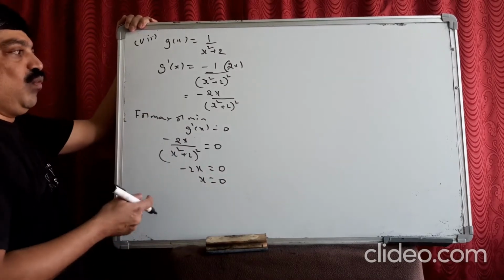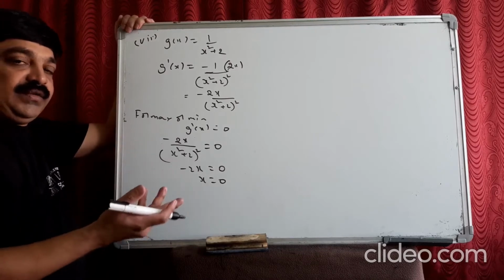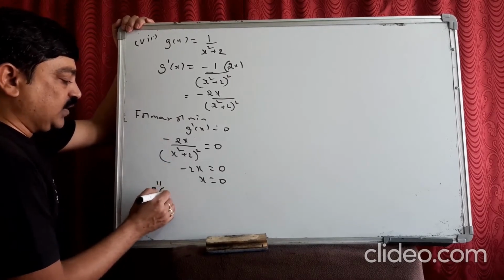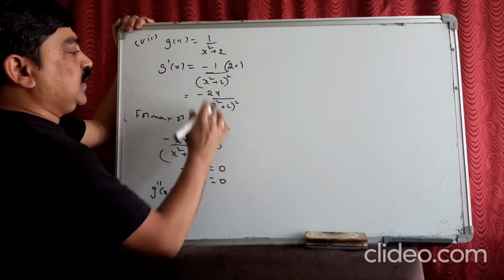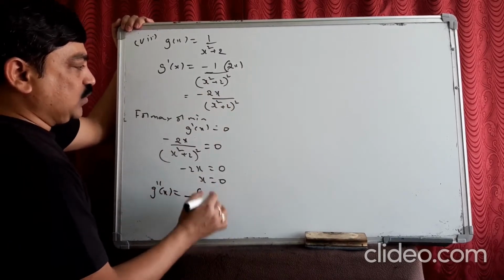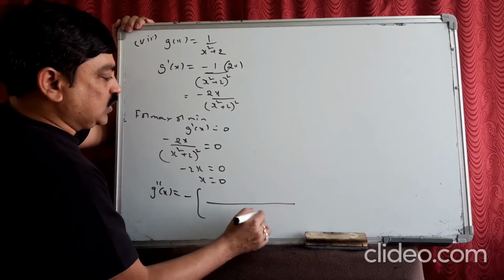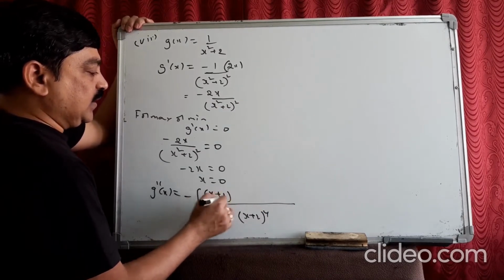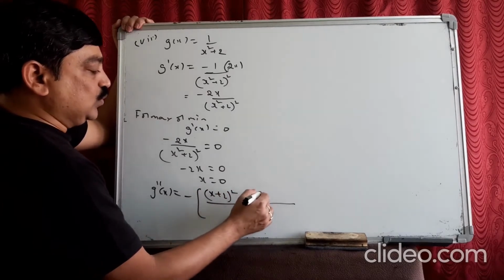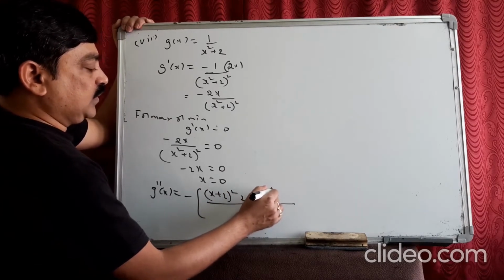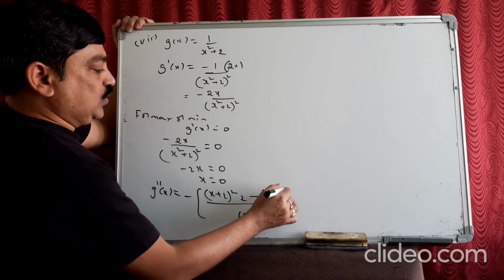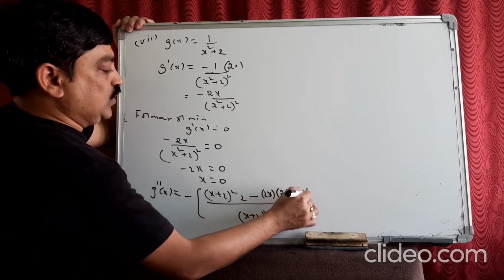We have only one value, so we don't know what value we are going to get. After the double derivative only you can check. So let us find the double derivative for this. g double dash of x, u by v. Let us put minus outside. x square plus 2 whole square power 4 becomes v square. So v u dash minus u v dash. u is 2x, v dash is 2 into x square plus 2 into 2x.